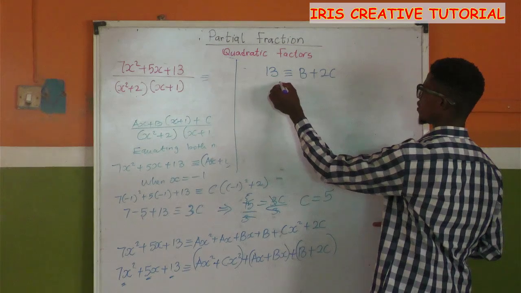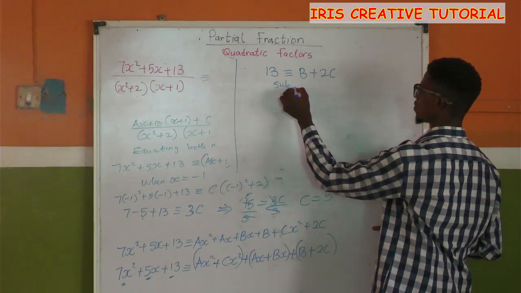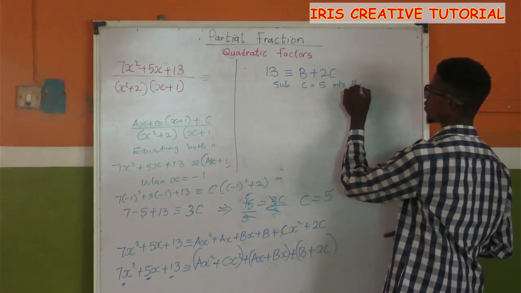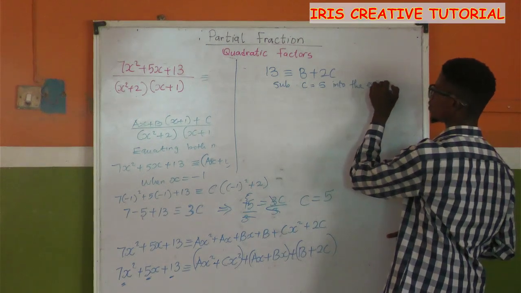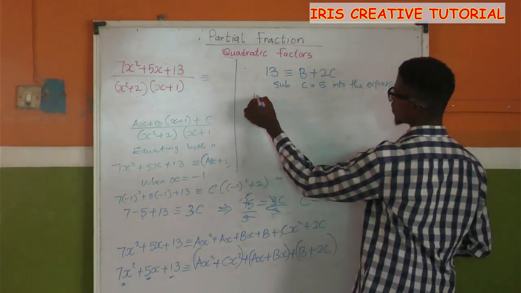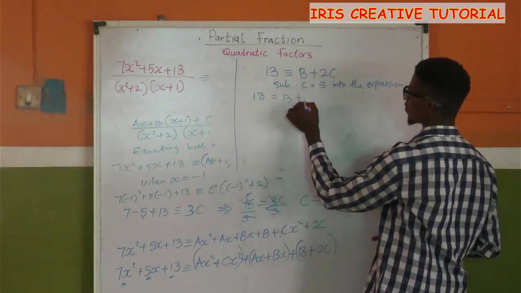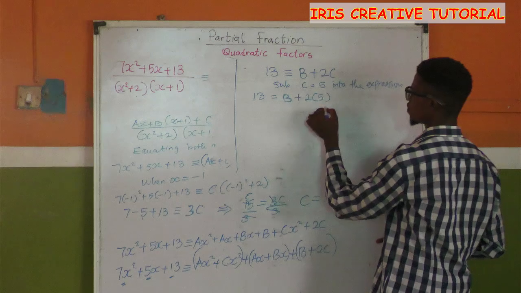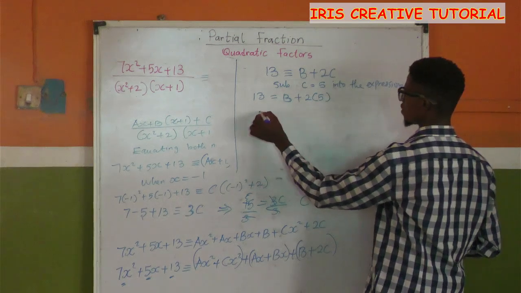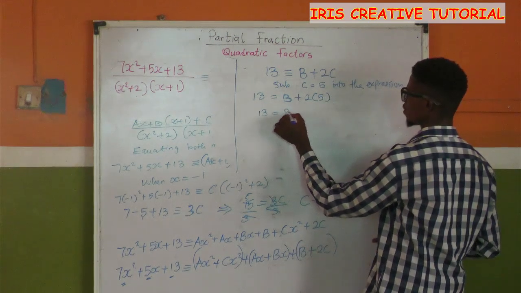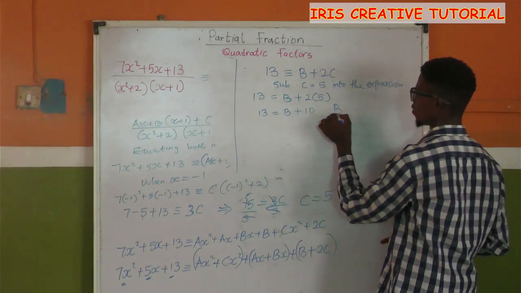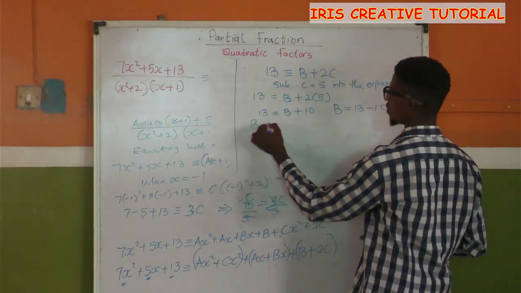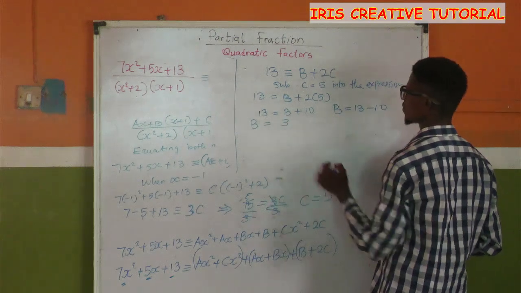So I can say substitute c equals 5 into the expression. So we have 13 equals b plus 2 into 5. So you have 13 equals b plus 10. So your b will be equal to 13 minus 10. So b equals 3.